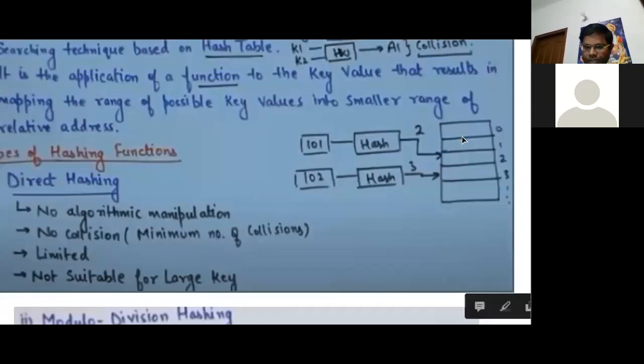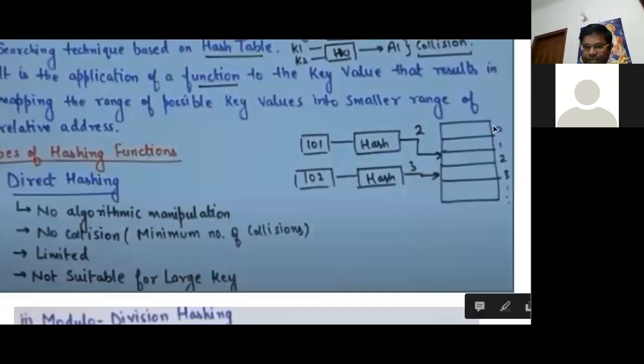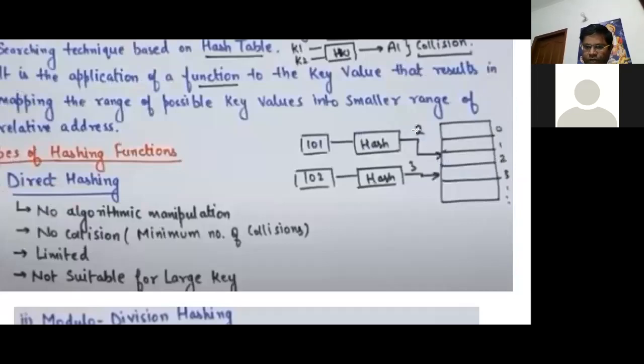Suppose this is the hash table, with indices 0, 1, 2, 3, 4. The value 2 means the key is stored at the second place, and the value 3 means it is inserted at the third place. So this is basically direct hashing.